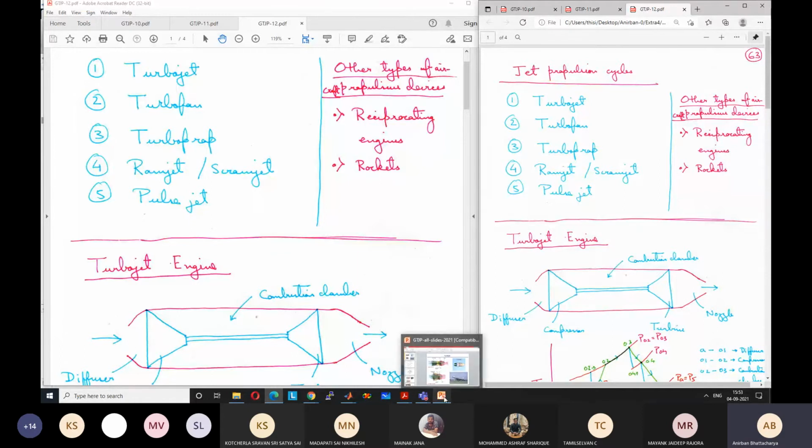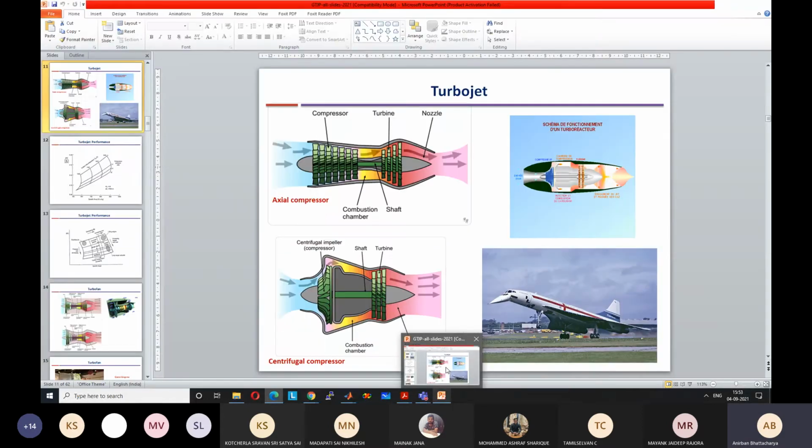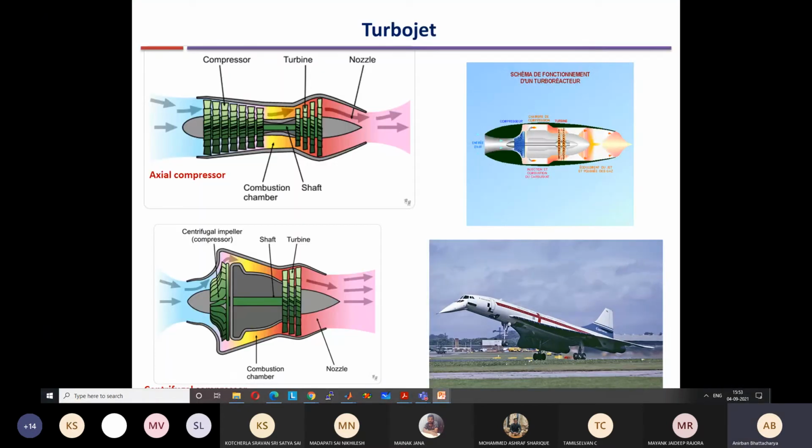So what we will do is start this turbojet part, and then, not today, but in the next classes, we will define a few things about jet engines, like performance parameters, which are slightly different from industrial gas turbines.